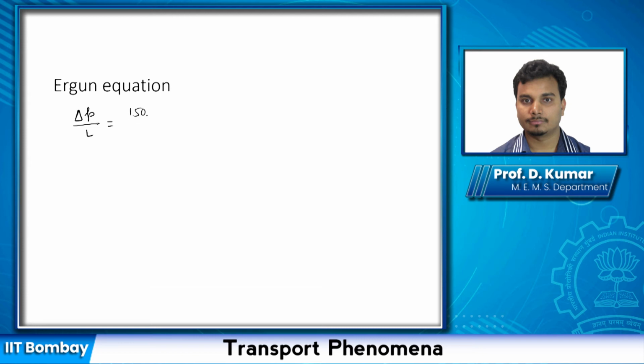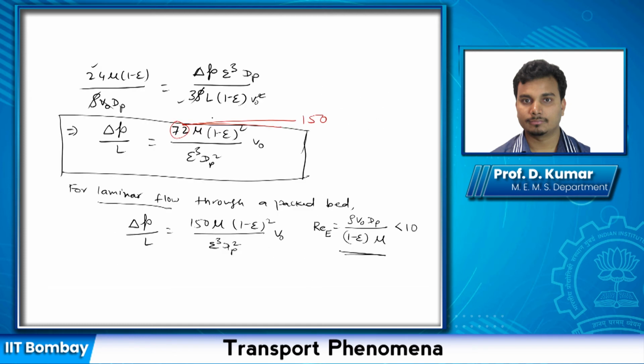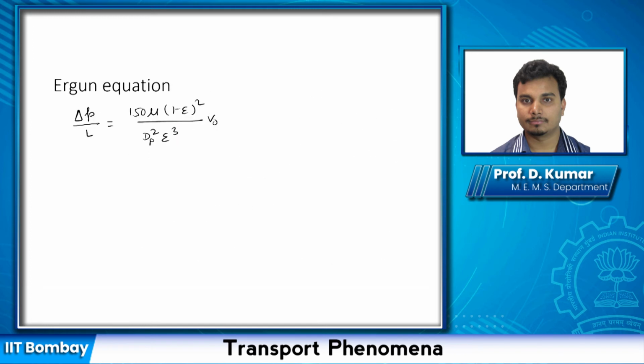So you can write 150 mu (1 minus epsilon) squared by, this is your equation for the laminar region, right? And if you add to this the turbulent one that we just derived here, 1.75 rho (1 minus epsilon) by epsilon cube dp, V naught squared.